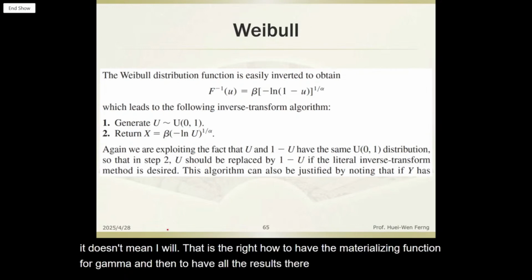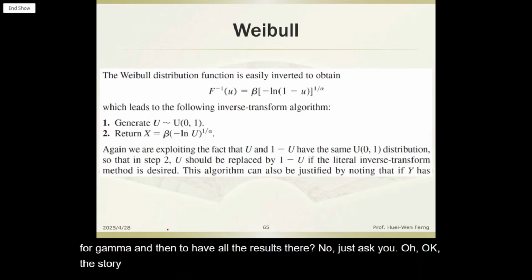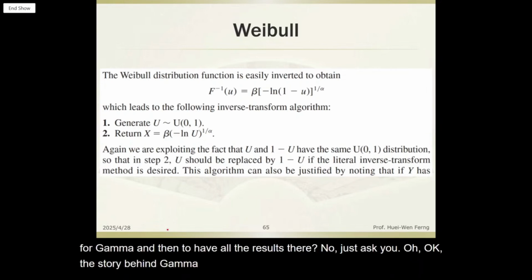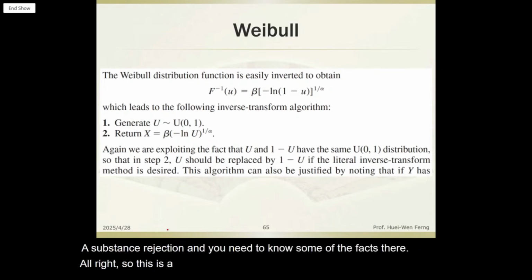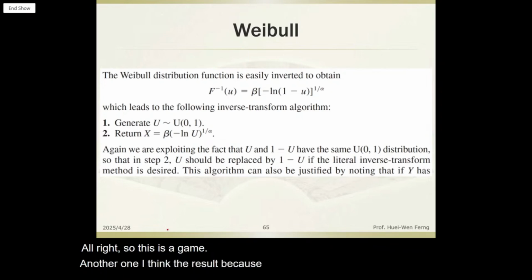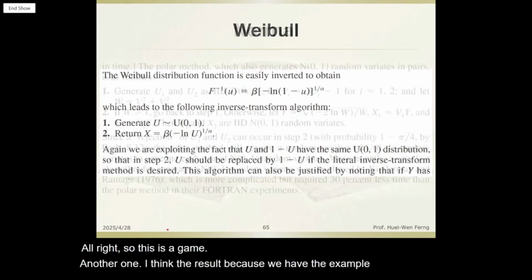No, it just asks you to know the story behind gamma is acceptance rejection, and some of the facts there. All right, so this is gamma. And next one, I think you know the result because we have the example. So we can go to the next one.